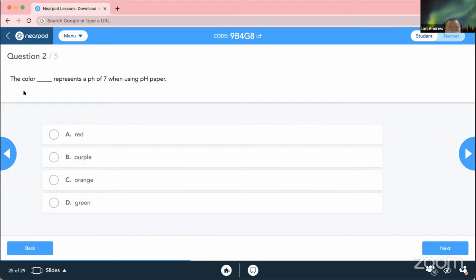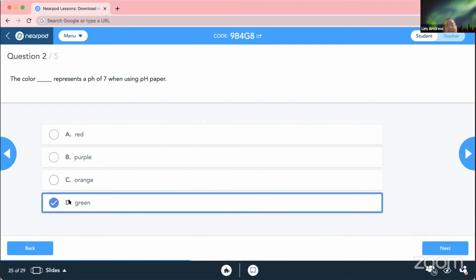We have the options of red, purple, orange, and green. We know that red is strong acid. Purple is alkaline. Then we have green as pH 7, which is neutral.